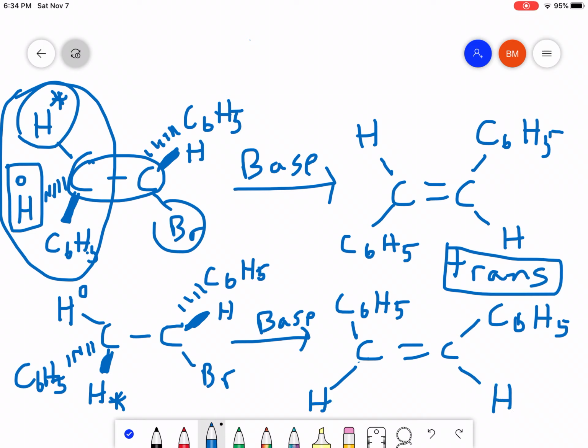So you actually also end up with this product, and this is the cis. This is why you can get more than one stereoisomer, E/Z, cis-trans, in a lot of these reactions.